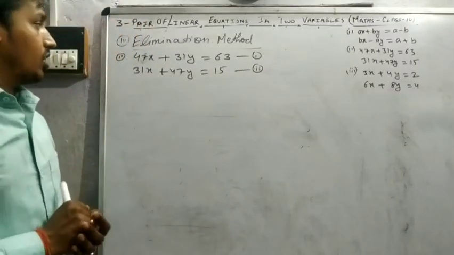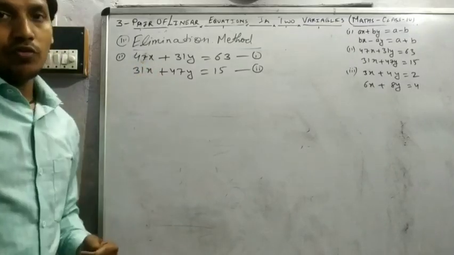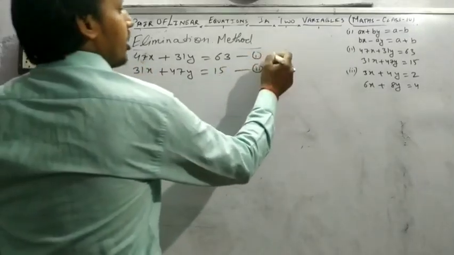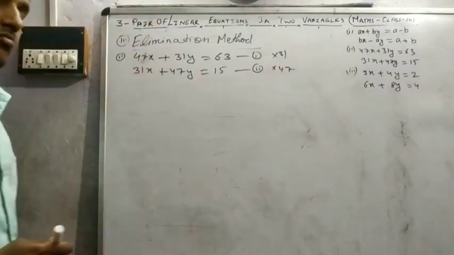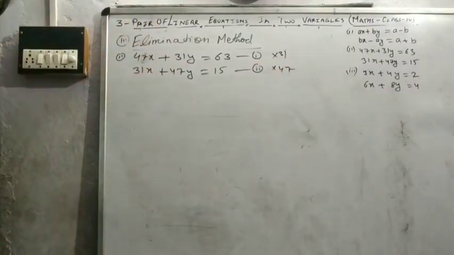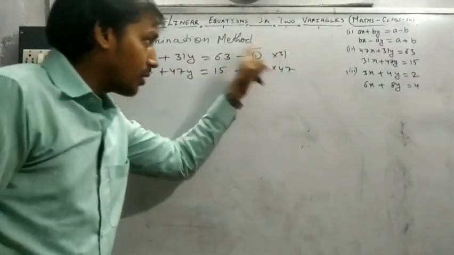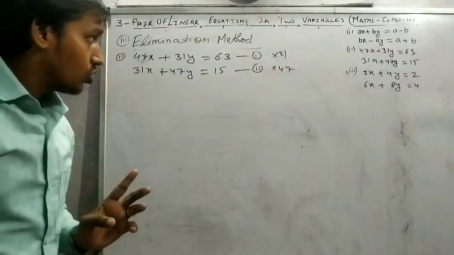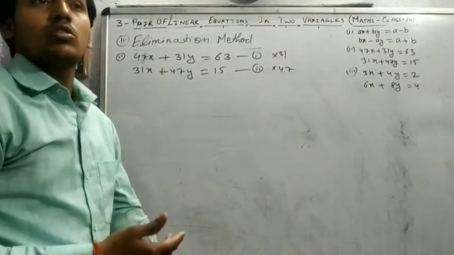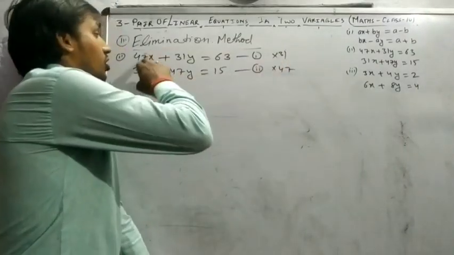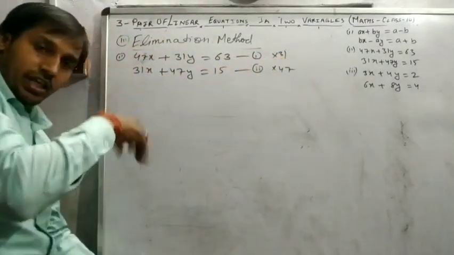Now you can see, if you want to equalize the coefficients, multiply by 31 here and 47 here to equalize x. After multiplying you get very big values, so I think it takes time: 31 into 47, 31 into 63, then subtract, then again.